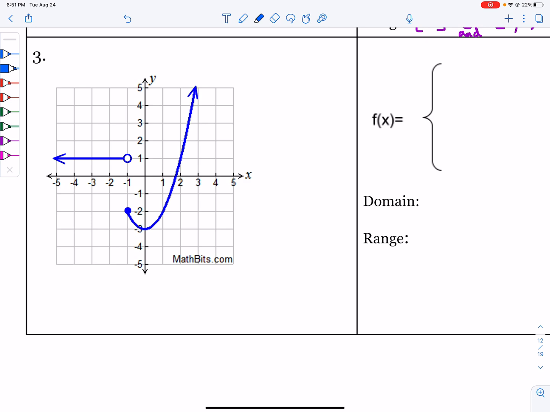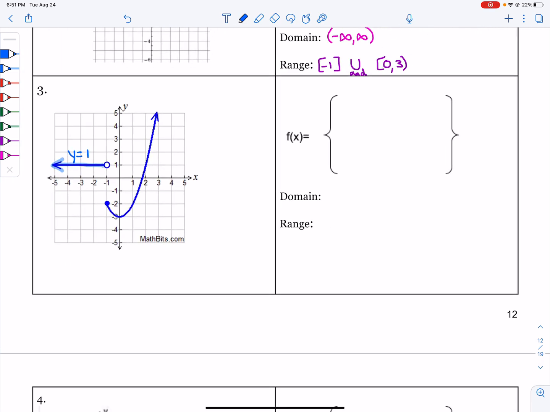So for this graph, for number 3, you want to first write the equation of a piece of the graph. It doesn't matter which one you start with. I just usually try to go left to right. So I see that this horizontal line is located at y is equal to 1. So remember, f of x is like y equals, so you don't need to write it again. It's usually already there, or you just write it out front. Then put the 1 inside the curly brace.